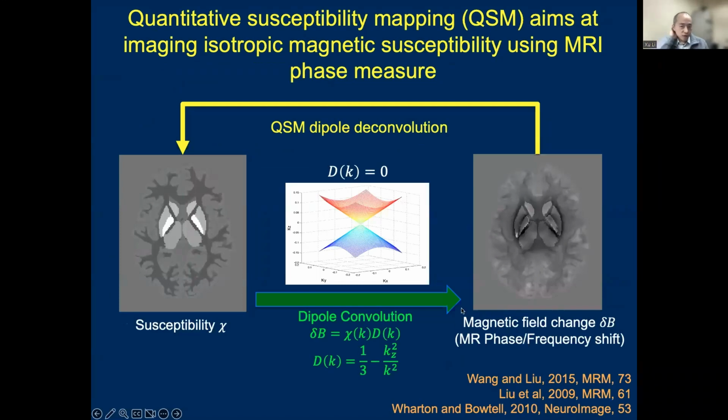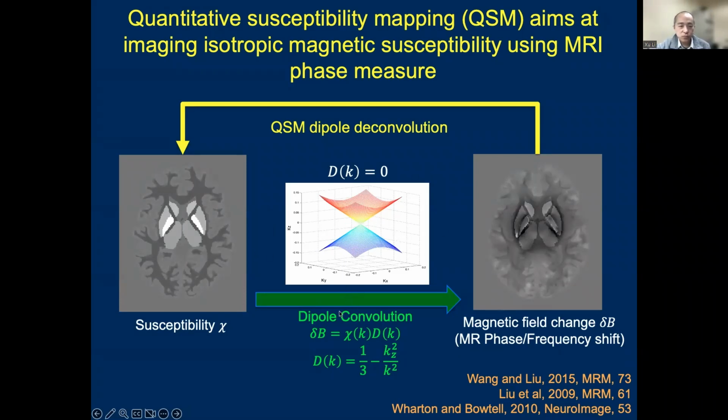In the last decades, quantitative susceptibility mapping has been developed as an imaging technique to reveal the underlying tissue magnetic susceptibility from the measured MR phase data. QSM estimates the susceptibility maps by solving a dipole deconvolution problem.